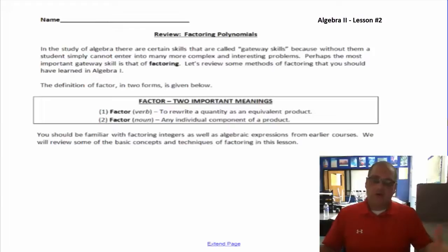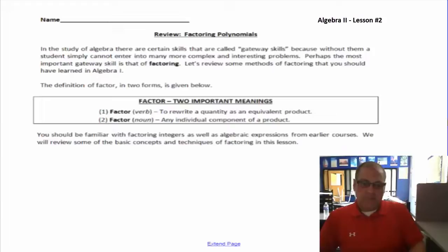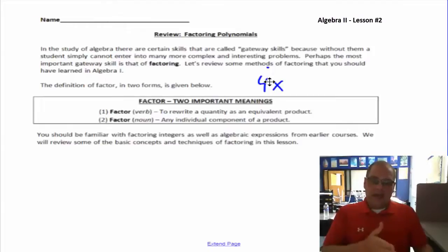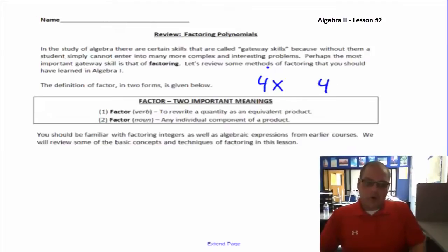That's a verb. If it's a noun, it could be, like it says, any individual component of a product. So if I say 4x, 4 and x are factors. 4 is a factor and x is a factor because you're breaking it down: 4 times x.